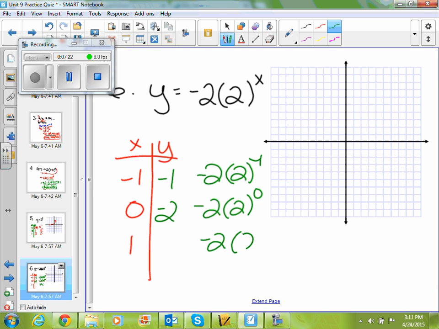And negative 2 times 2 to the first. 2 to the first is 2, times negative 2 is negative 4. Alright, so if I graph those, negative 1, negative 1, back 1, down 1. 0, negative 2, over 0, down 2. 1, negative 4, over 1, down 4. So I then connect my points and make my curve.